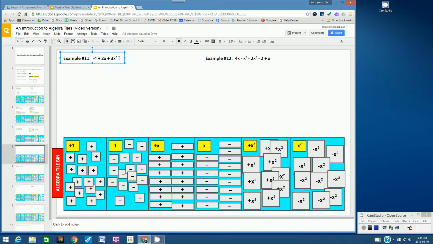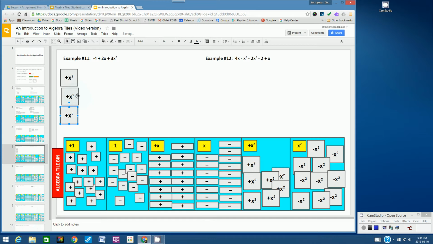Example 11. So again, I'm going to look for any x squareds. It looks like I have three positive x squareds. So I'm going to line them up here. Okay. Go back to my algebraic expression and I'm going to look for any x terms.